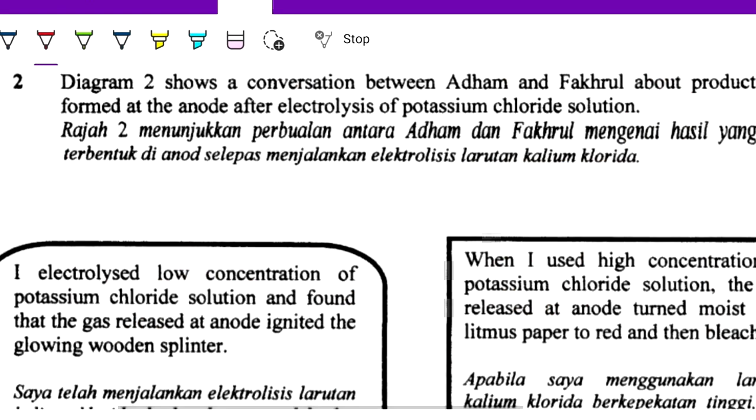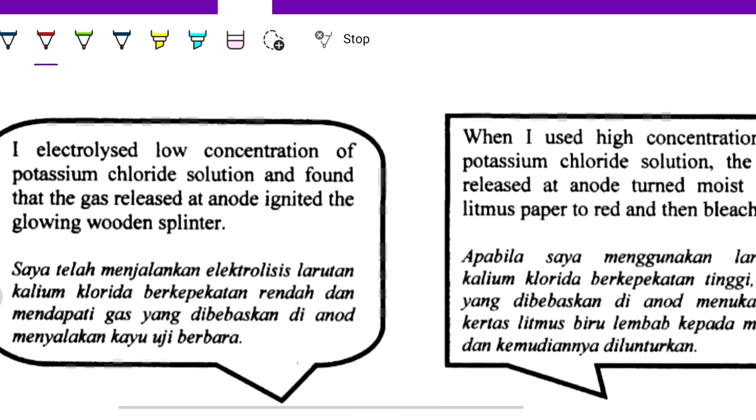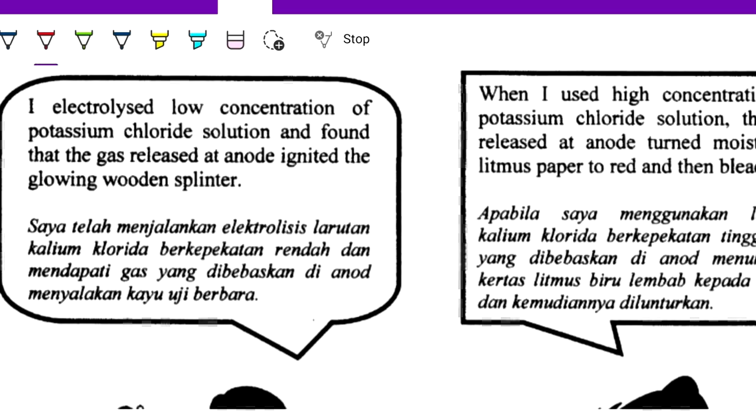For question number 2, the diagram shows a conversation between two students about the product formed at the anode after electrolysis of potassium chloride solution. I found out this question is the same as the SBP. When student A mentioned low concentration of potassium chloride solution, the gas released ignites the glowing wooden splinter.